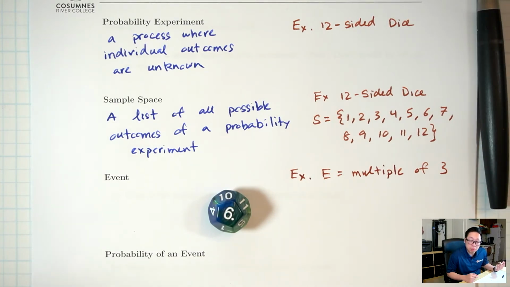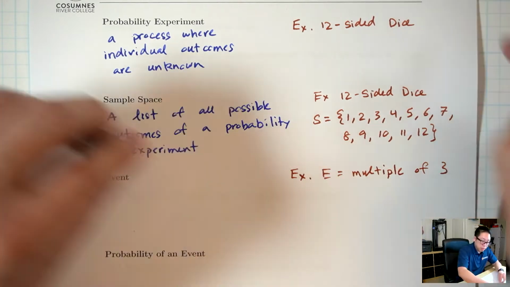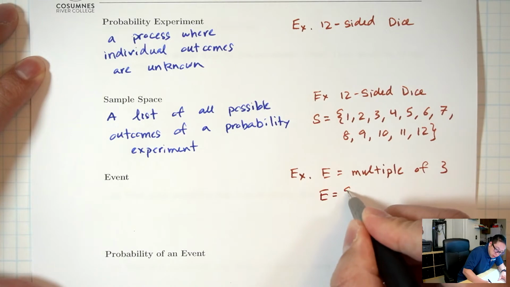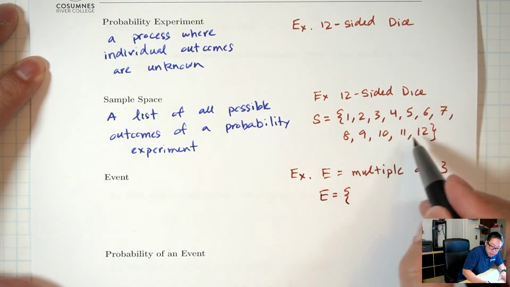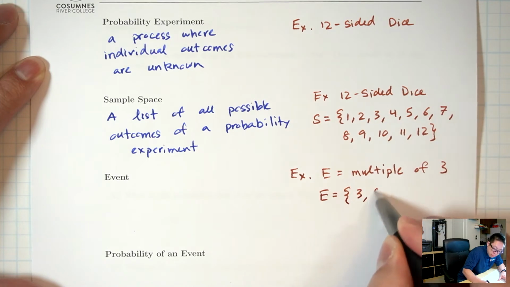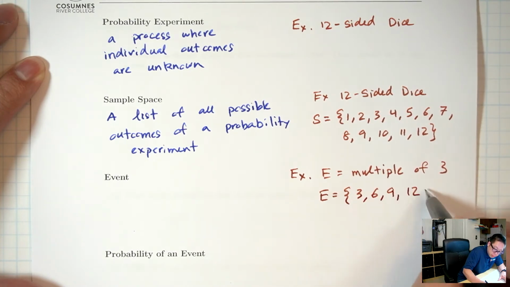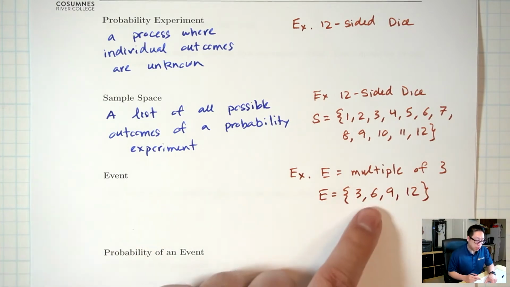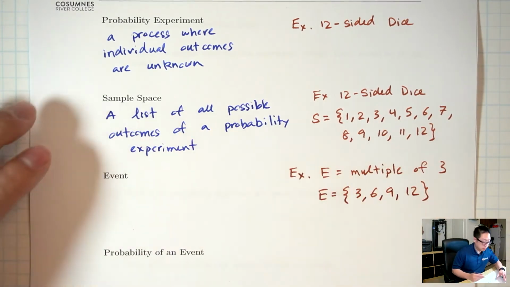So it's not a single number, it's a collection of numbers. So when I say multiple of 3, it's not a single number out of this sample space, it's the numbers 3, 6, 9, 12. So an event is just a sub-collection of the sample space.